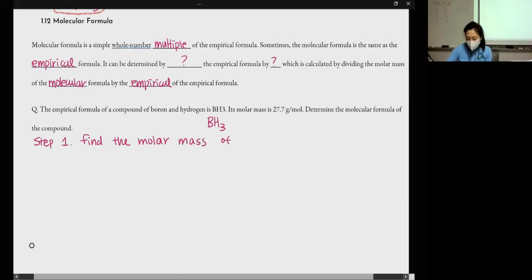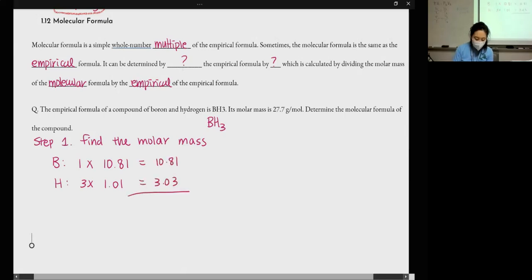B is 10.81, so I have 1 times 10.81. H would be 3 times 1.01. Which will be 13.84 grams per mole.